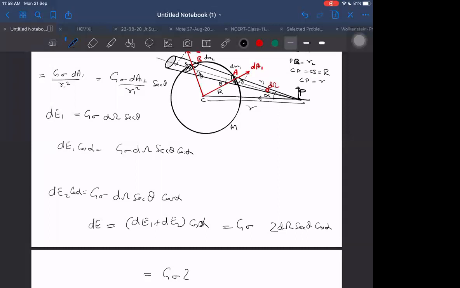Everything I want to write in terms of R. I think this time it was not helpful to convert into R1 square. I wanted to write everything in d omega. This time, I think it would have been better if I had written everything in terms of small r, because ultimately the answer should come out in terms of small r, sigma and capital R. That is our main concern. Now you can change d omega now.